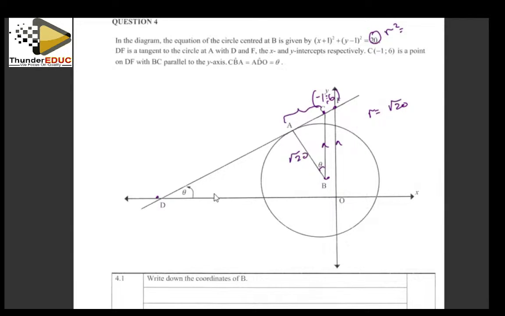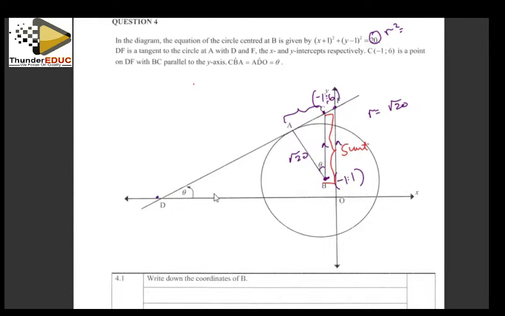Then if the points here are -1 and 1, we can get the distance of BC. Since the line is part of the y-axis, this is 5 units, because it's 6 minus 1, which is 5, okay?